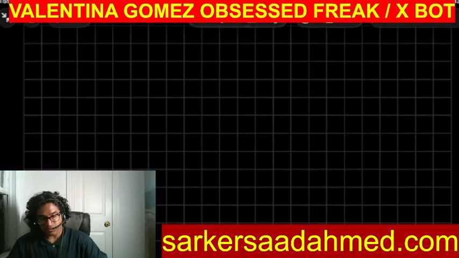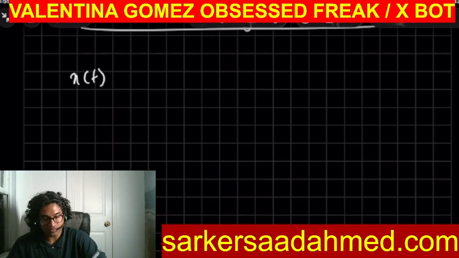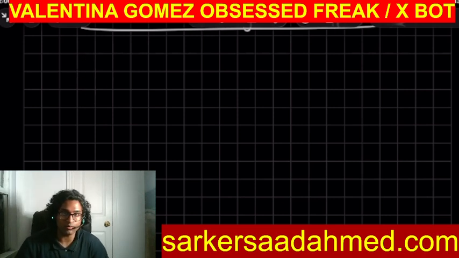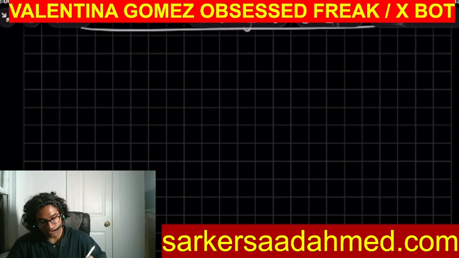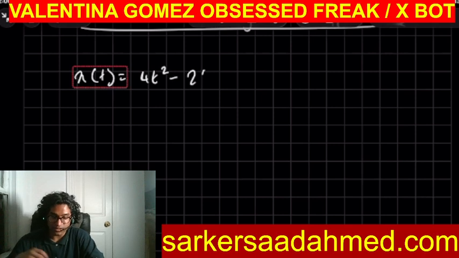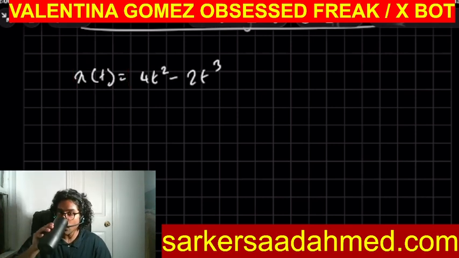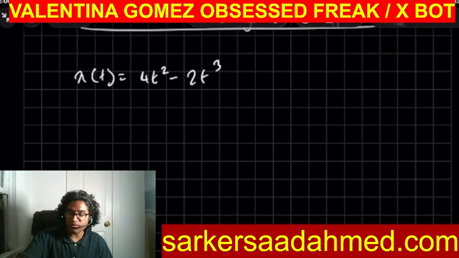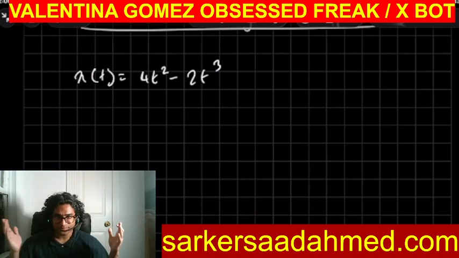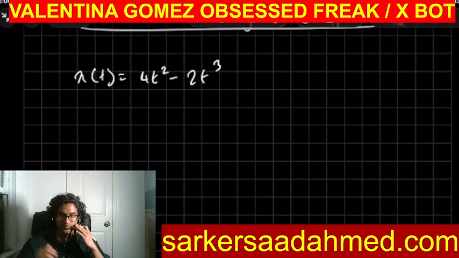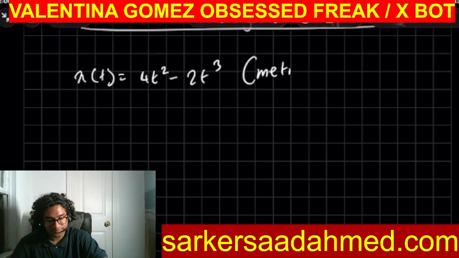Now, let's begin. The question was, a particle moves along the x-axis. We have x of t is equal to 4t squared minus 2t cubed. This is the position of the particle in meters.